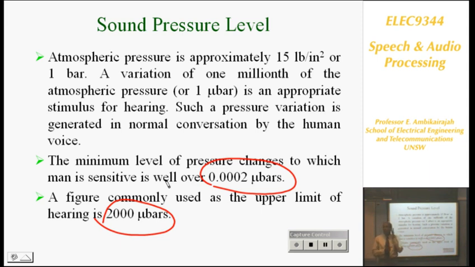When you reach that level, you will start to feel pain. So what you immediately would do is close your ear so that the signal going in is well below 2,000. Anything around 2,000 is reaching the pain, and anything at 0.0002 is a very low level. So you want to have a comfortable level, okay?